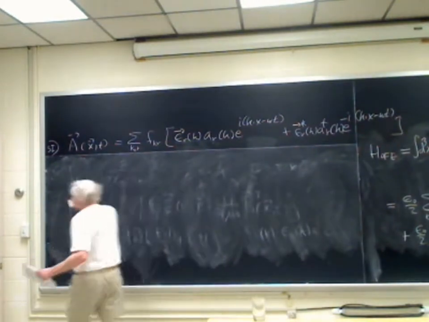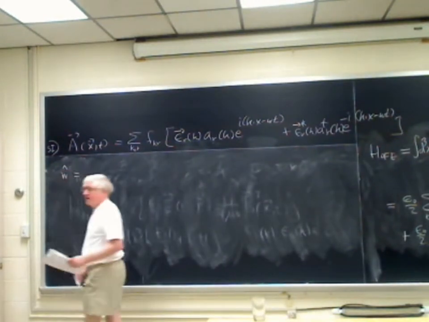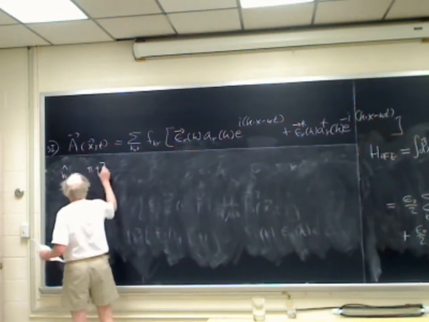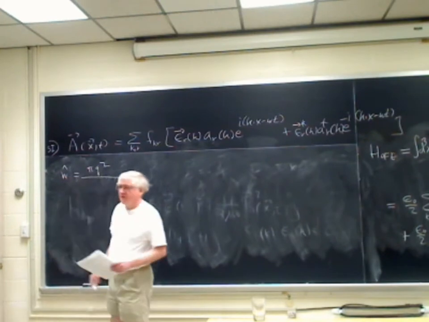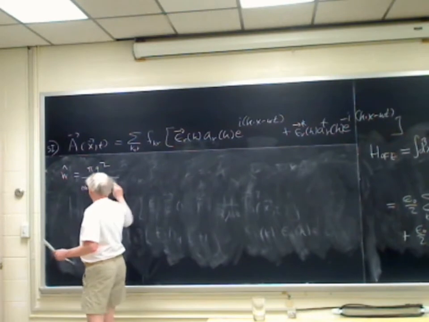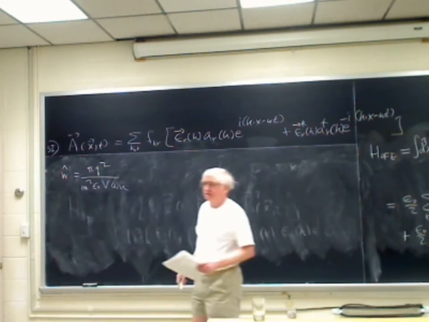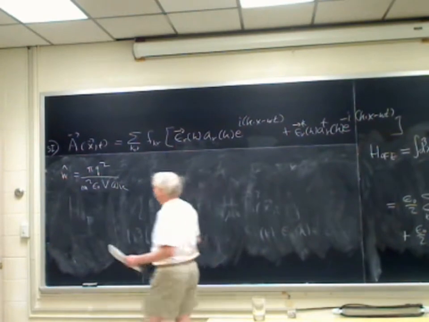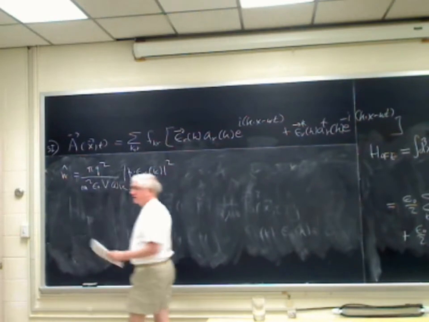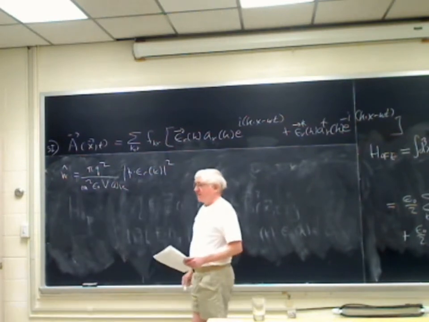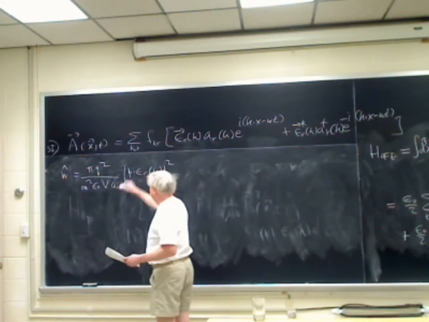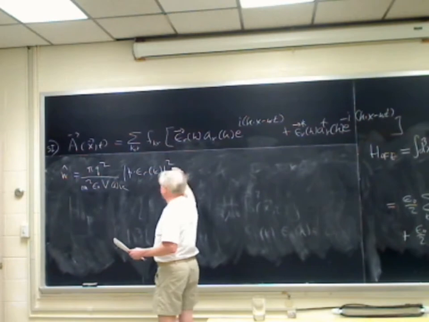W hat then is pi q squared over m squared epsilon 0, d omega k, p dot epsilon r of k squared. Then this matrix element, which, because I should have written that stuff forward, but never mind, I'll put it here.